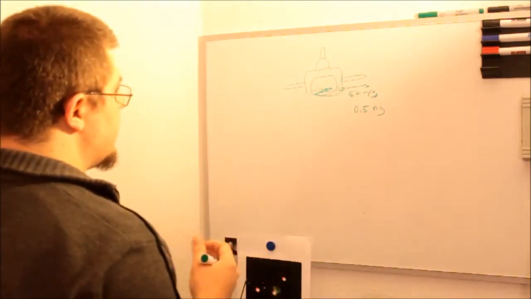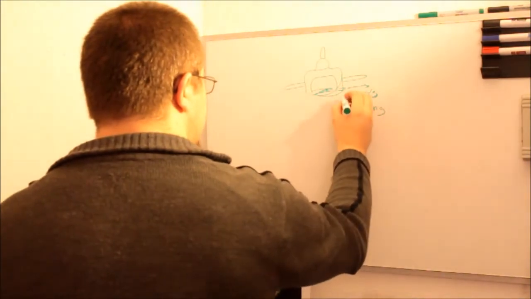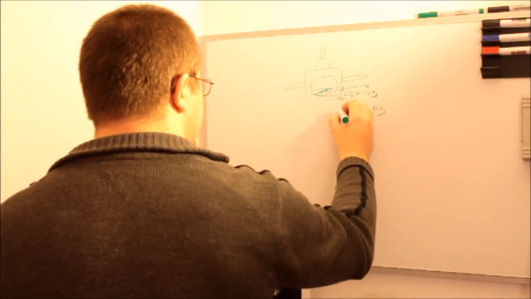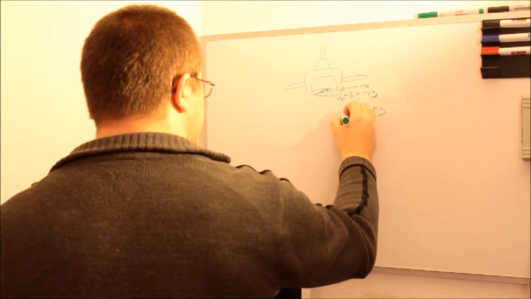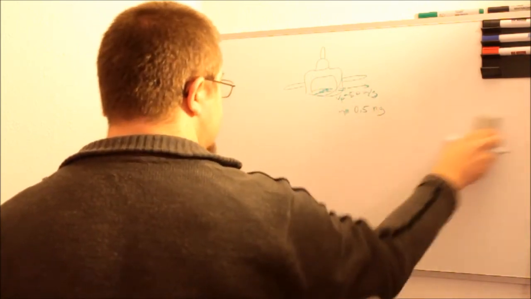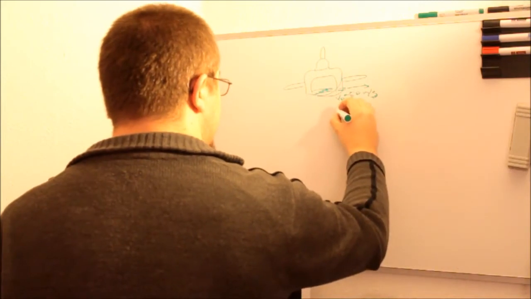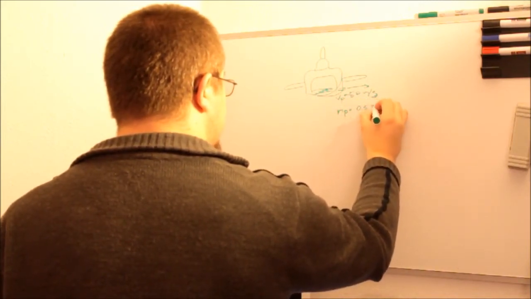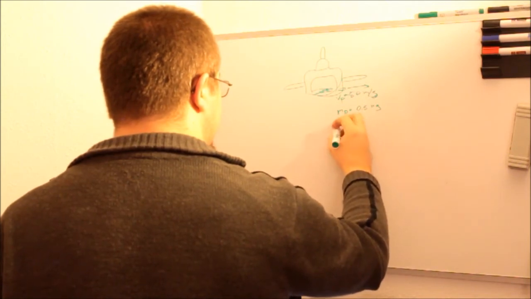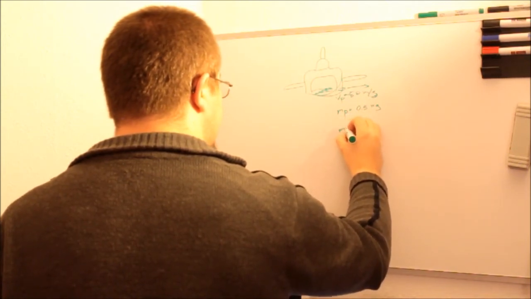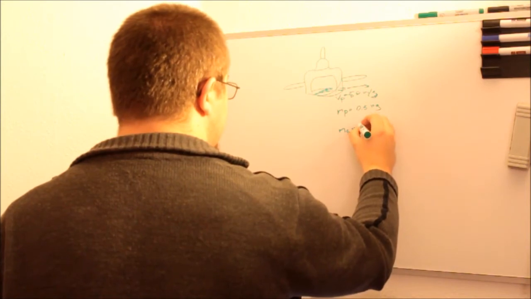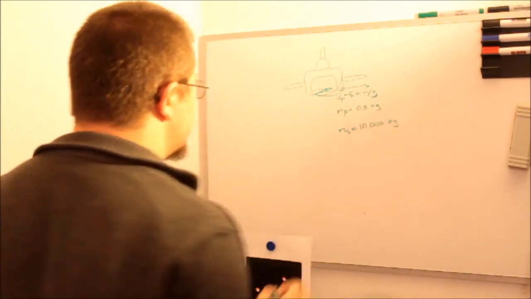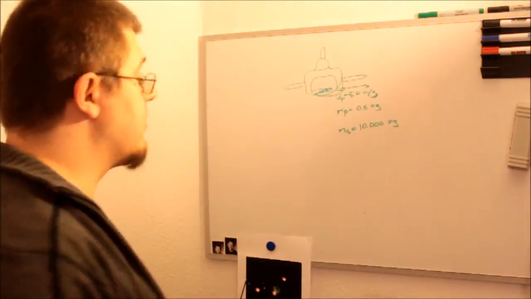So the mass of the particle is equal to 0.5 kilograms, and let's say that the mass of the shuttle is equal to 10 tons. I don't know this, I'm just guessing what it could be.